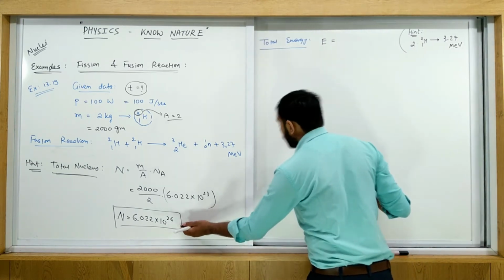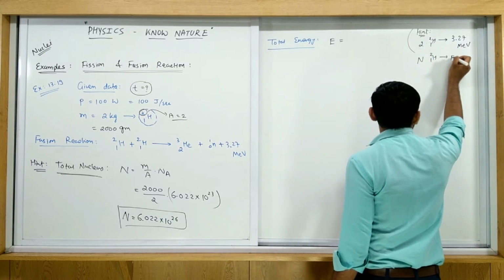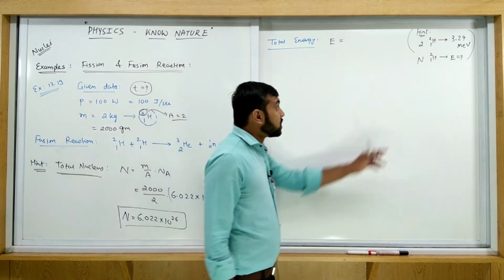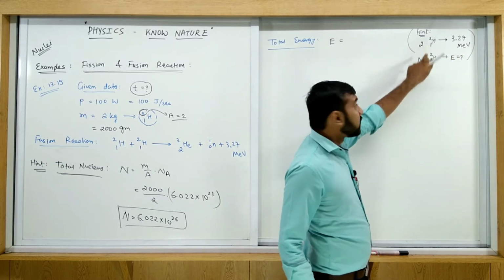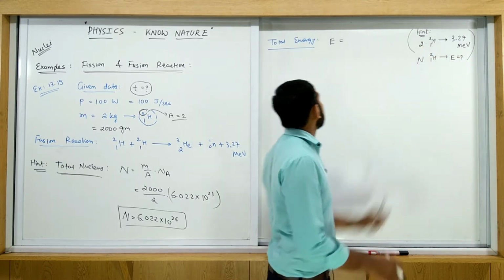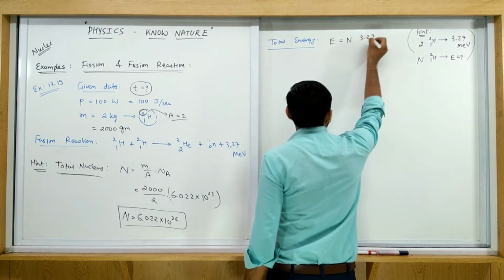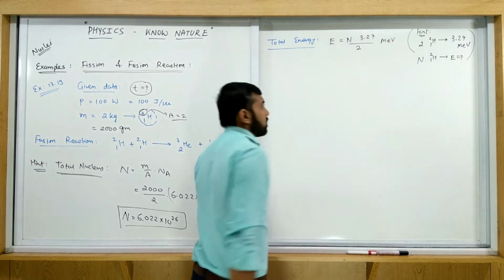We have N deuterium. So by N deuterium, E is equal to N into 3.27 upon 2. So our answer is N into 3.27 upon 2 MeV.